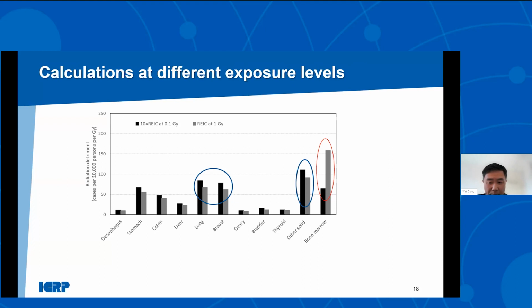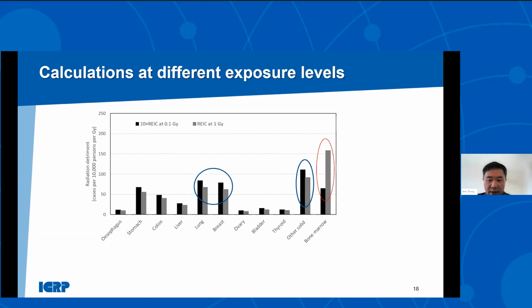The detriment based on IEIC at 1 gray is significantly lower than 10 times IEIC at 0.1 gray for solid cancers, with a difference of up to 21%, shown in blue circles.